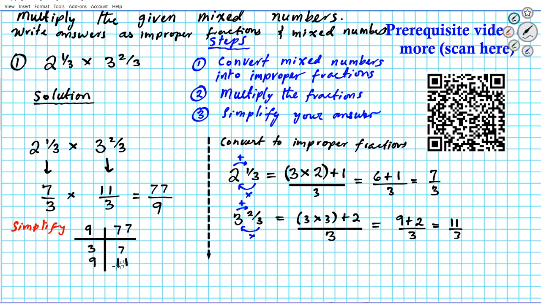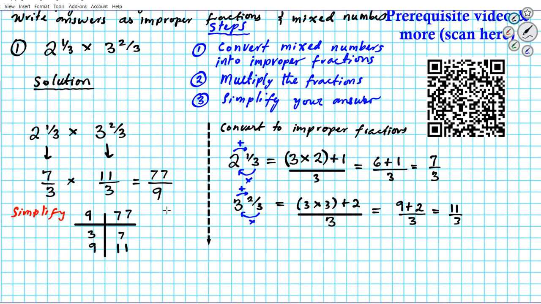As you can clearly see, there are no common factors between 77 and 9. So this answer cannot be simplified. 77 over 9 is going to be our answer in the improper fraction form. So this answer that we have right here is the improper fraction.